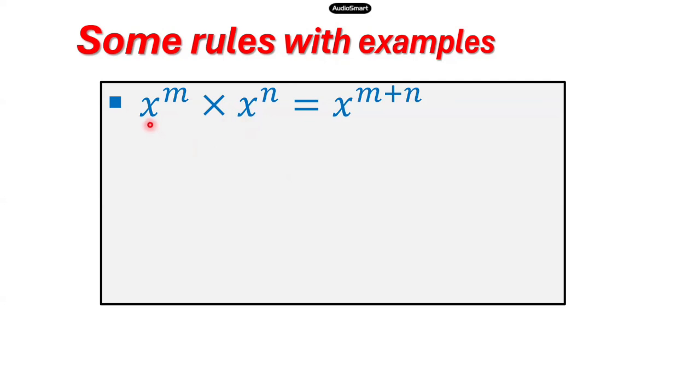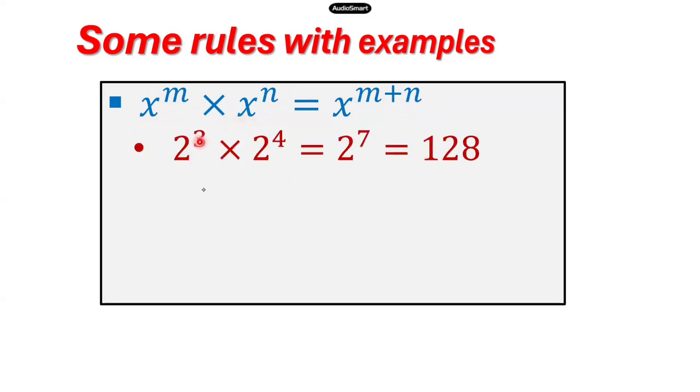But now here x to the power m and here x to the power n. The same integer, but the powers are different, or maybe they are equal. But when you do the product, it will be x to the power m plus n, meaning the two powers will be added, provided you are operating on the same integer.